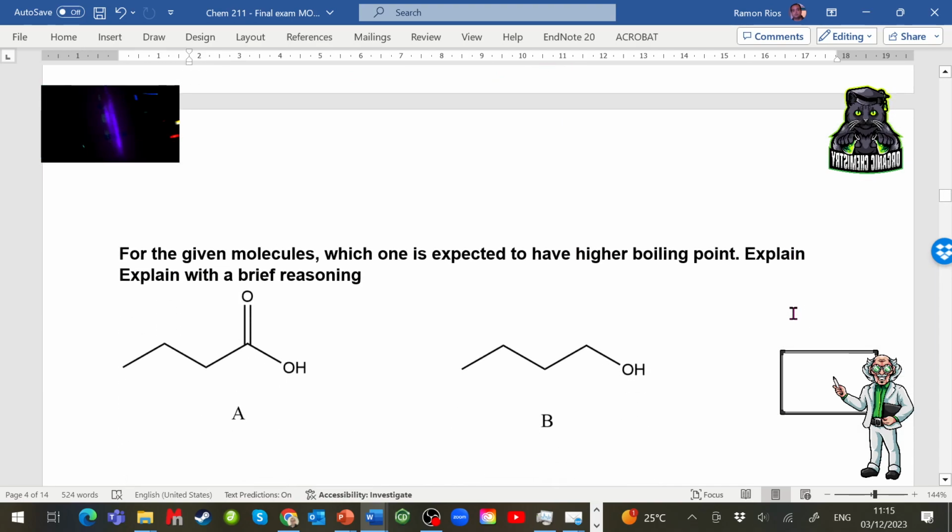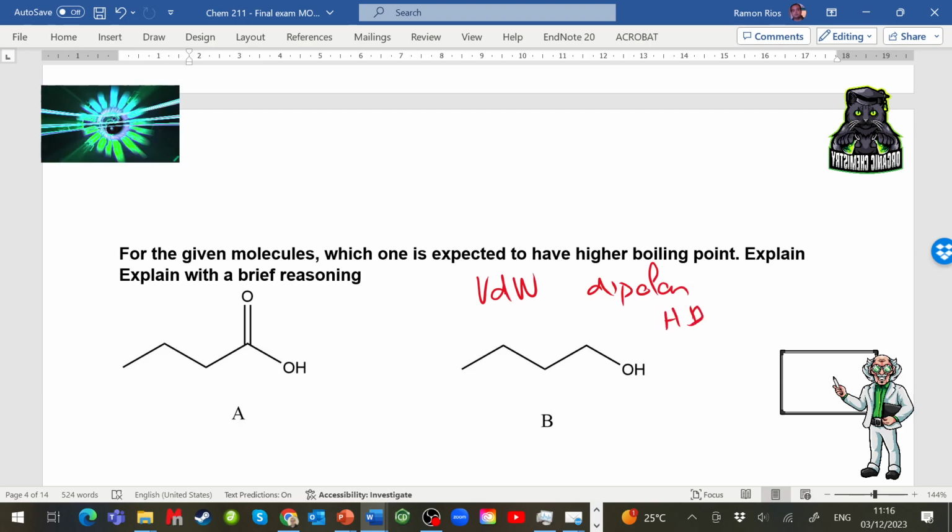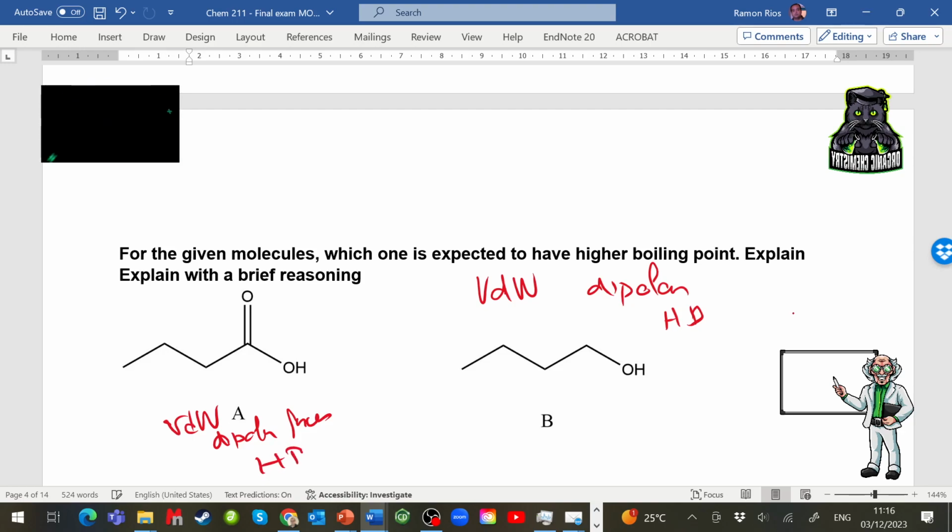Question 5. For the given molecule, which one is expected to have a higher boiling point? Basically, in molecule B, we have van der Waals forces, dipolar forces, and hydrogen bonding, while in number A, we have van der Waals forces, dipolar forces, and hydrogen bonding.